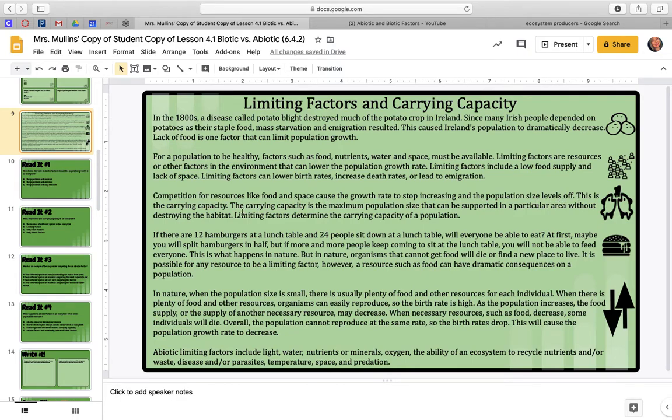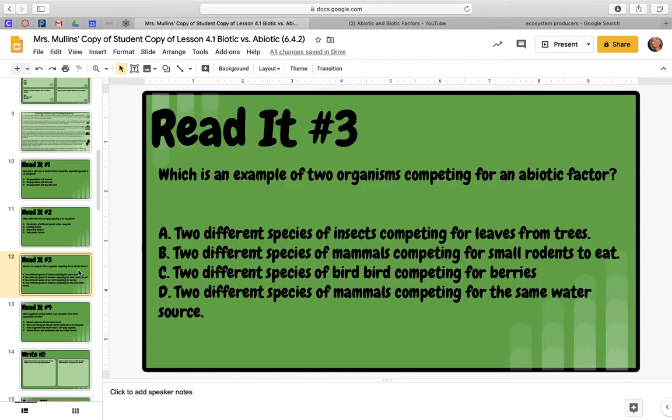This is the carrying capacity. The carrying capacity is the maximum population size that can be supported in a particular area without destroying the habitat. Limiting factors determine the carrying capacity of a population. So limiting factors would be things like lack of food, lack of shelter, lack of water.